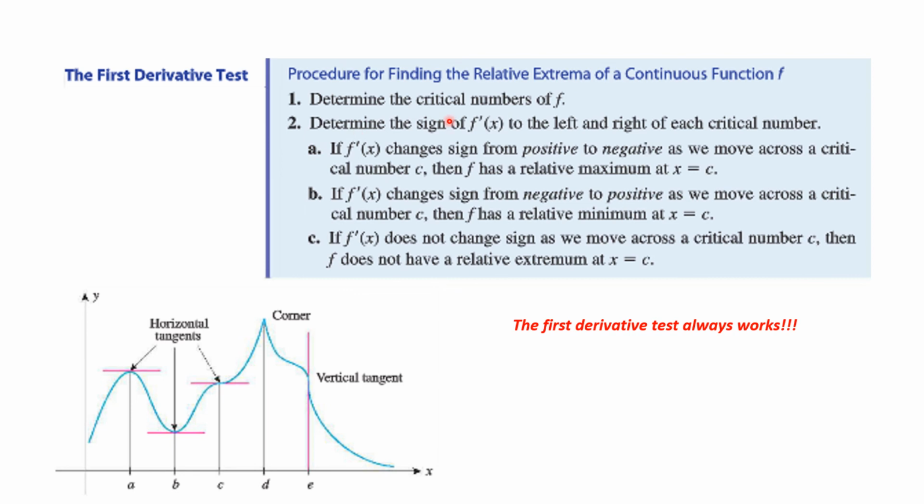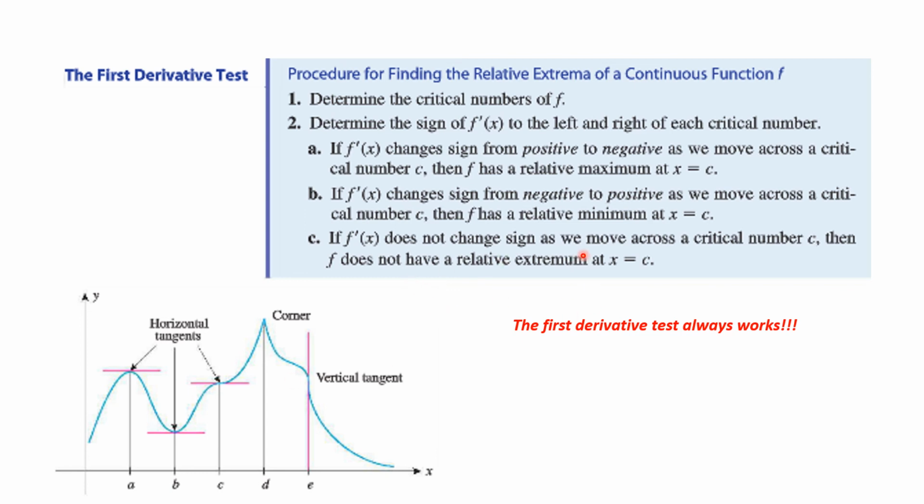Then we determine the sign of f prime to the left and the right of each critical number. If it changes from positive slope to negative slope, it is a max. If it changes from negative slope to positive slope, it is a min.